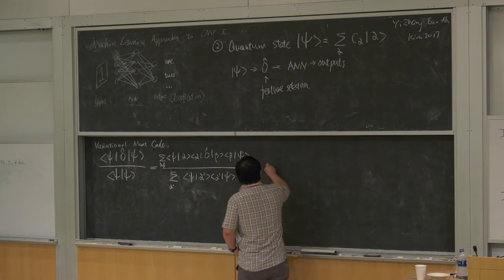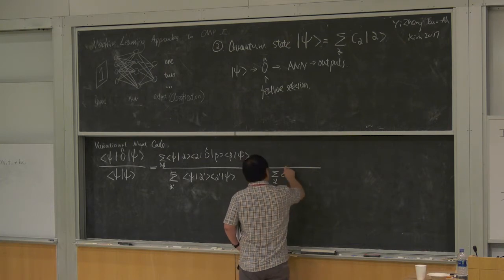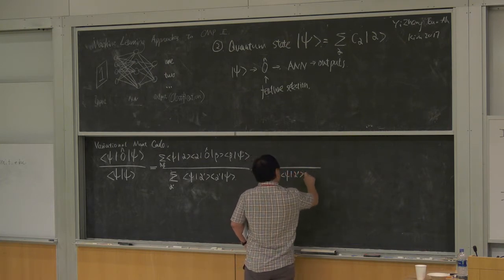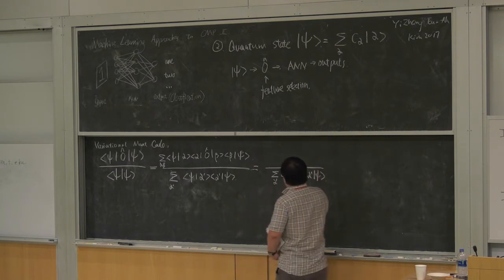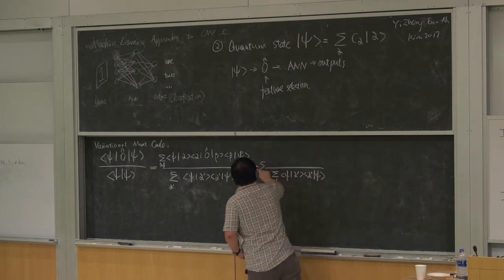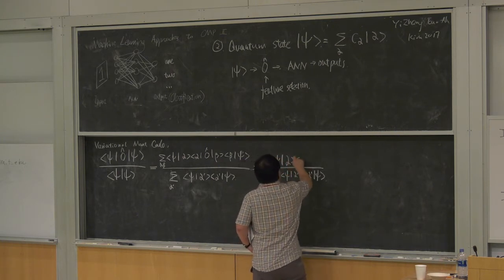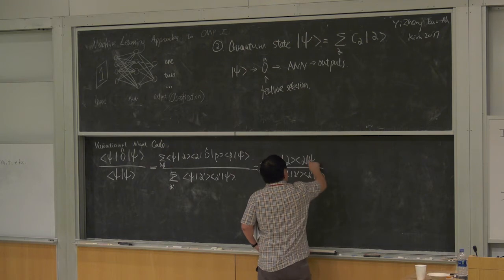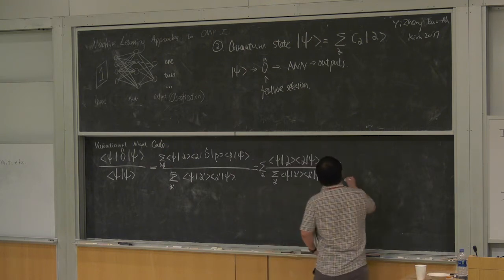And now I'm going to separate this value into two parts. That's this denominator. In the numerator, I'm going to do a trick so that I'm allowed to separate into two parts.